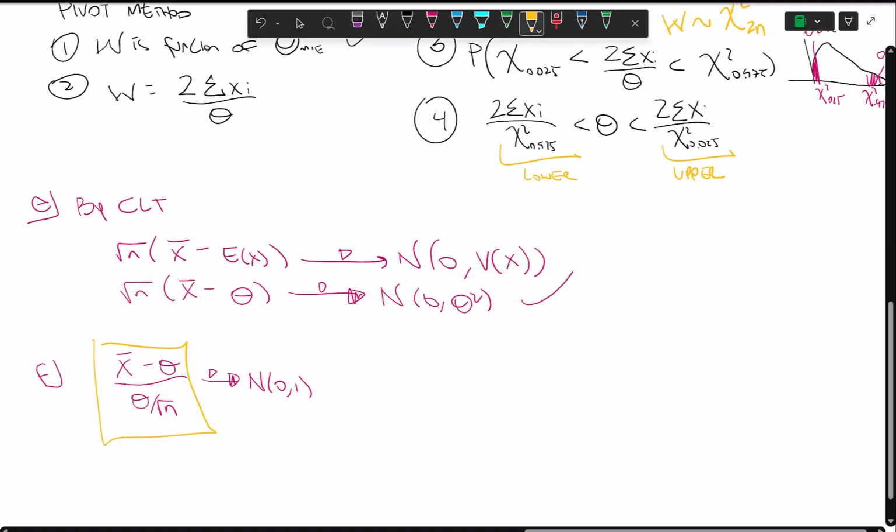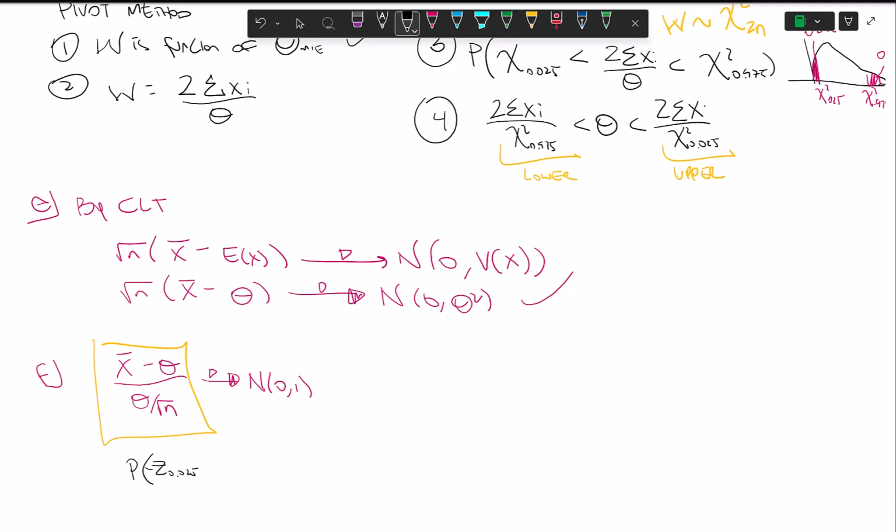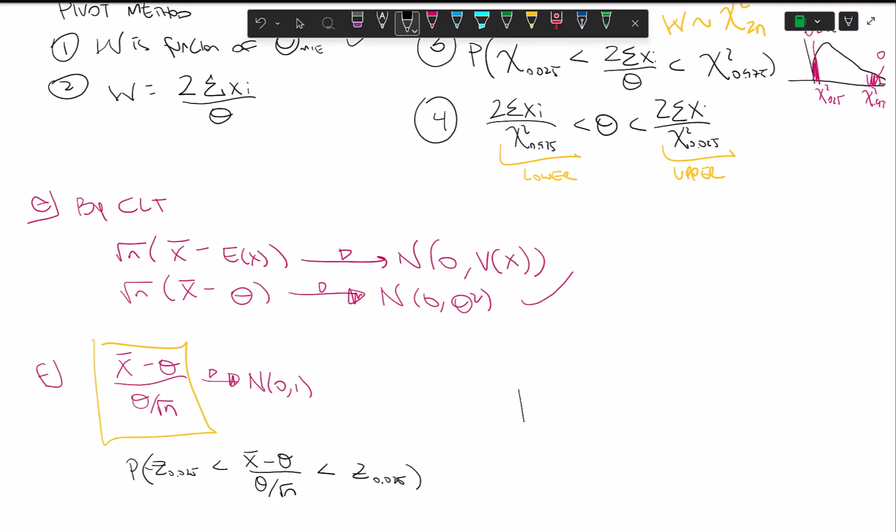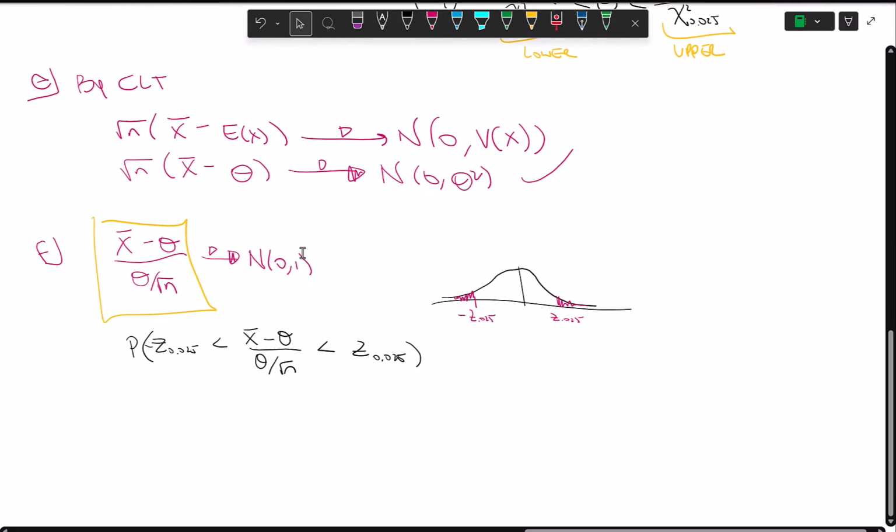We can say the probability of negative z 0.025 less than x bar minus theta over theta over radical n less than z 0.025, where the z quantiles are exactly what you expect them to be: negative z 0.025, z 0.025. I know my notation with the subscripts is not consistent, but hey, at least it converges in distribution.